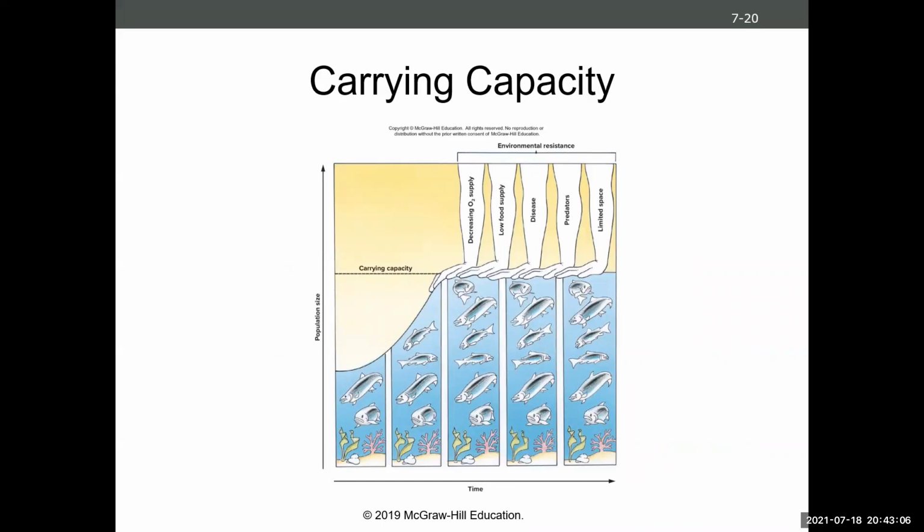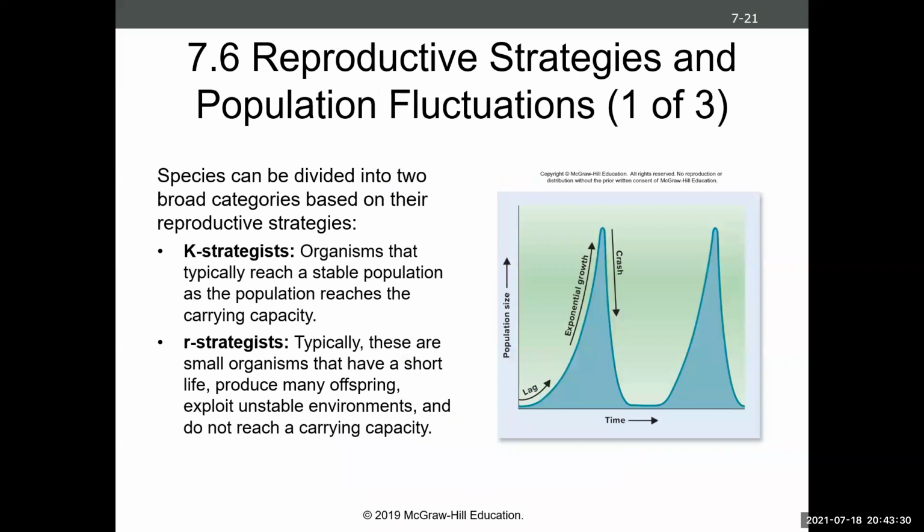Again, your carrying capacity is going to be pushed down by all of these factors. Without these limiting factors, populations would increase infinitely, right? But these limiting factors are driving this typical lag, exponential, stable limit population growth curve that we just learned about.